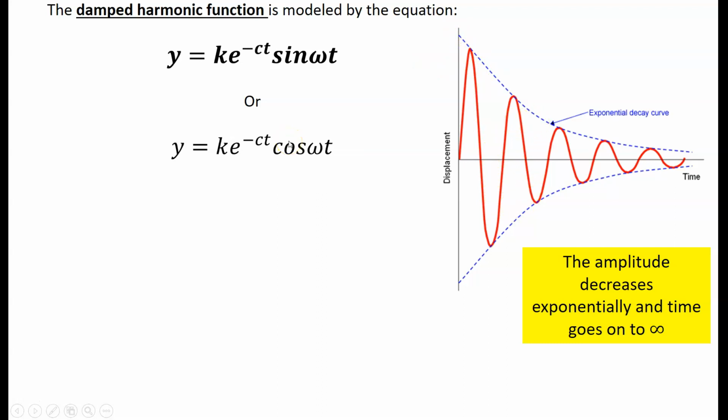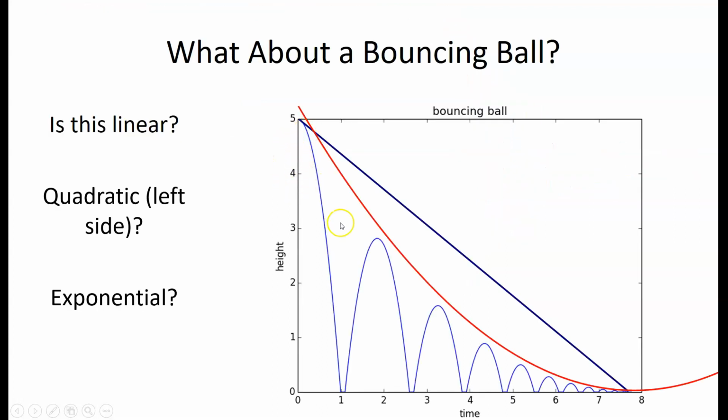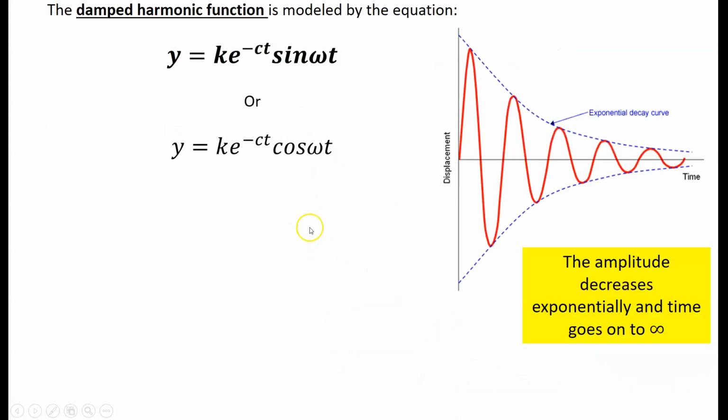If we were to go back to that ball bouncing, if I wanted to model this one, I would use cosine, because cosine, we always start that curve at its most, at the top. It doesn't really matter. You could do a phase shift and move the cosine to be a sine, or move the sine to be a cosine with a phase shift. So either one, vice versa, it doesn't really matter.